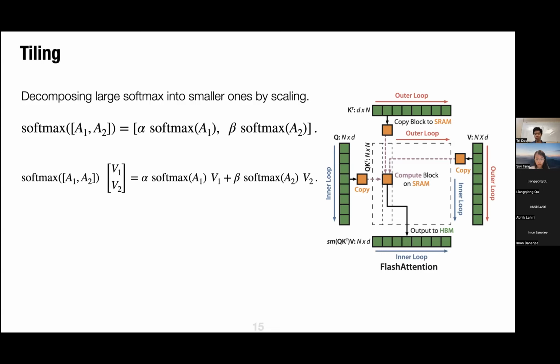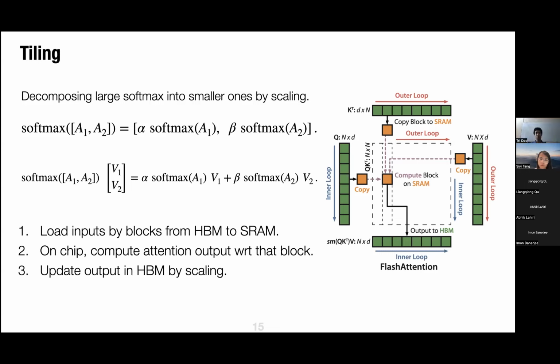And the nice thing is that you can exploit locality, because we don't need to load the whole of A1, A2 in. We just need to load A1 and V1, and then we compute whatever local things we need. So this is the only trick that you need to know, and the algorithm is relatively simple. We load inputs block by block from HBM to SRAM.